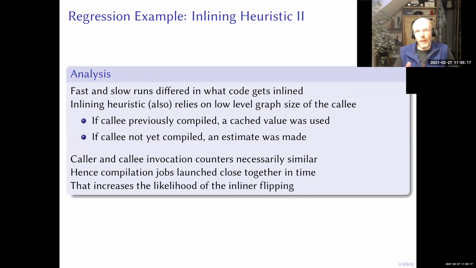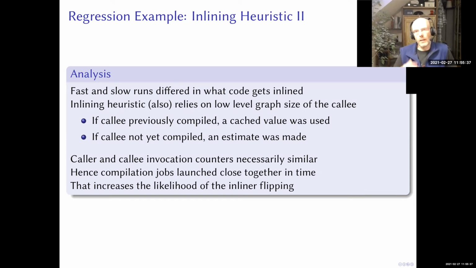And depending on how various compilation jobs raced against each other, this cache was either populated or not, and that influenced the inlining decision. On this point, I would observe that if we look at how the benchmark is structured, it's a single large loop which calls a lot of nested functions.